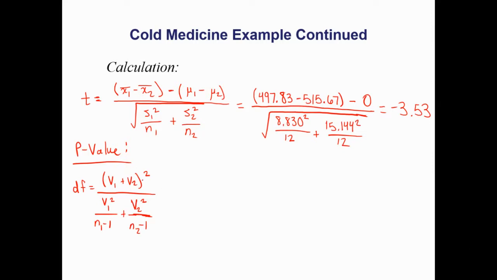Now the v's, what do the v's stand for? I'll simply put this piece as v1 and this piece is v2, of course with square roots. What's v1 equal to? What's just this first piece equal to? 6.497. What about v2?